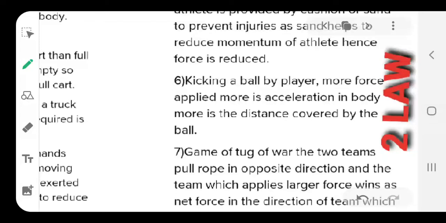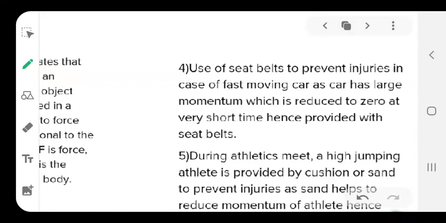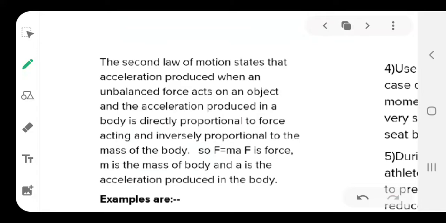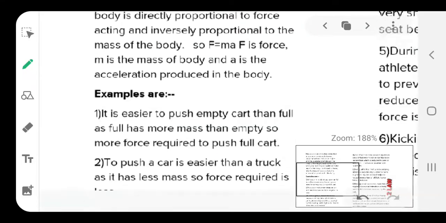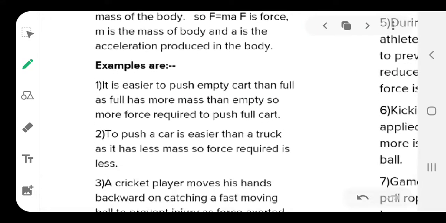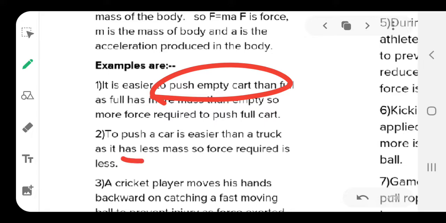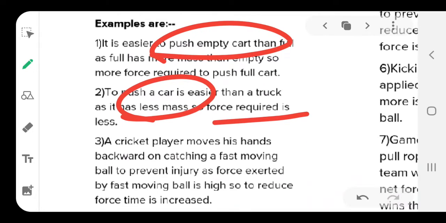Now, to move further, you should know these explanations, because each explanation gives you a question. So write down why it is easier to push an empty cart than a loaded one, and why a car is easier to push than a truck. These things should be known to you. Another good example is for those who play cricket: when you catch a fast moving ball, you take your hand backward.